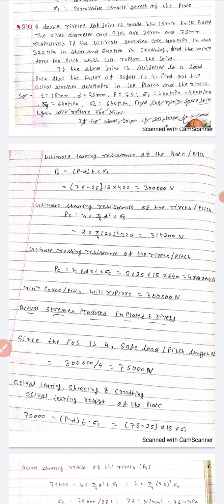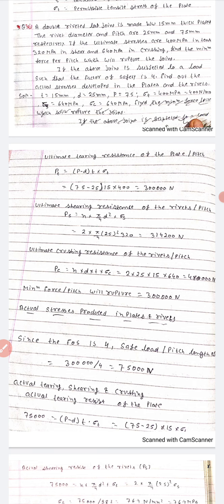One is tearing of plate at the edge, and this can be corrected by using a suitable margin, that is m is equal to 1.5d. The second type of tearing is tearing of the plate between two rivets.